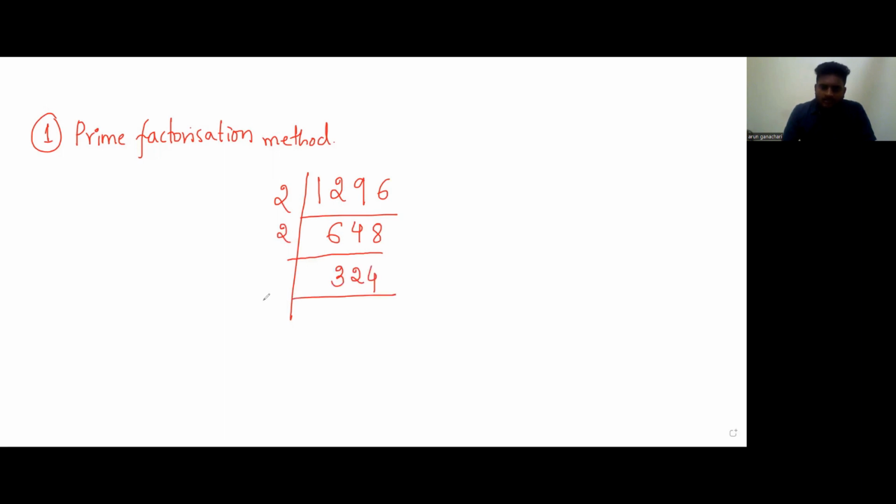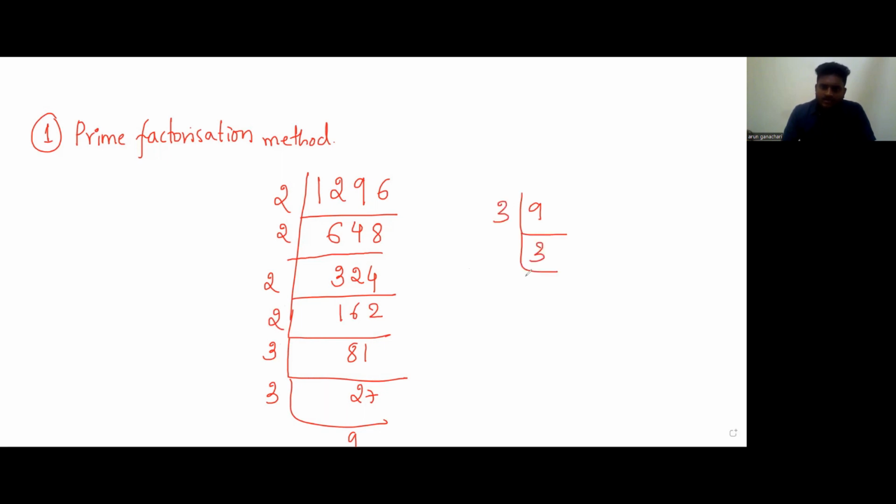Further by 2 we get 162, again by 2 we get 81. Then I'll divide by 3 because I cannot divide it by 2: 3 27s, then again by 3, 3 9s. Then 9 divided by 3 is 3, and 3 divided by 3 is 1.